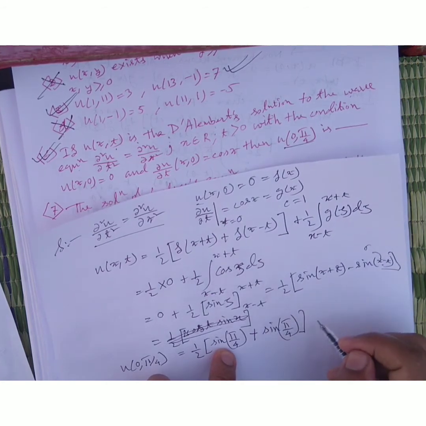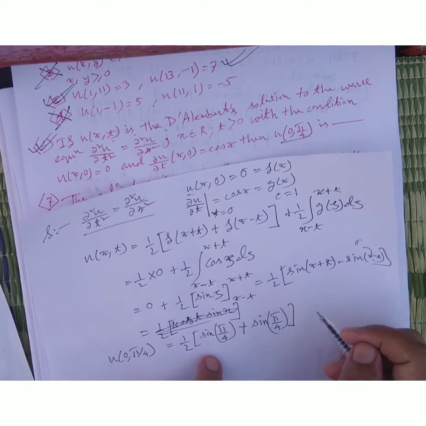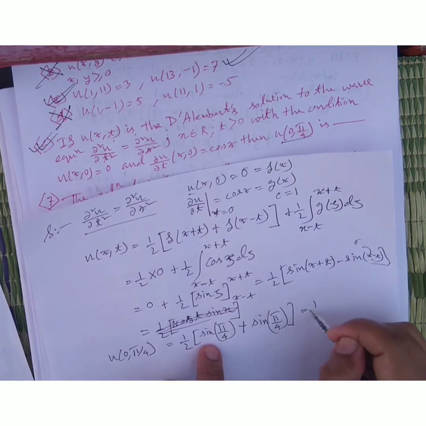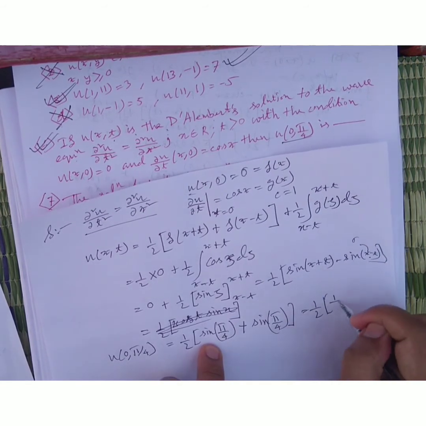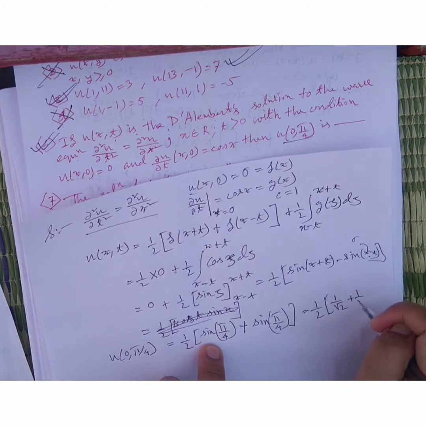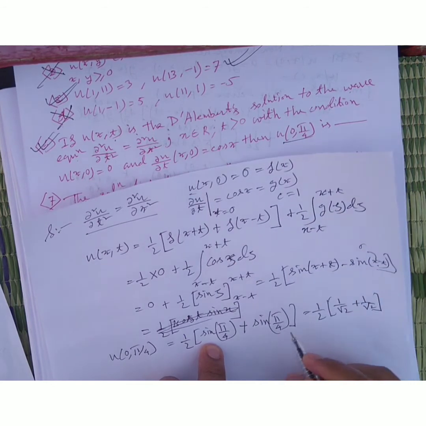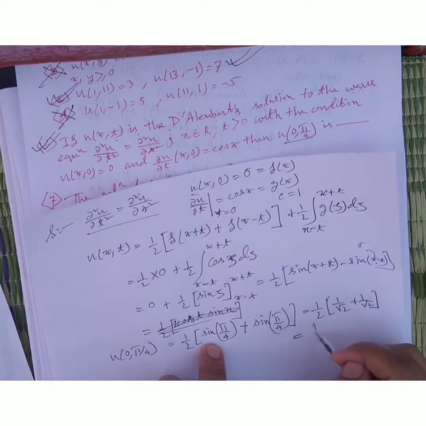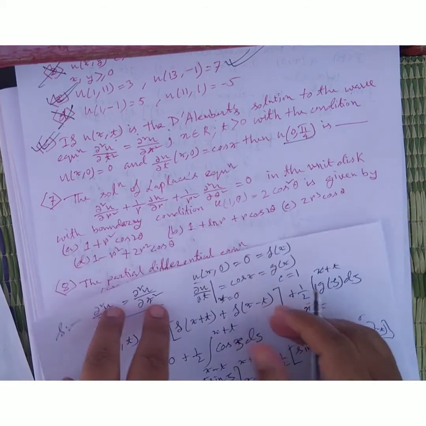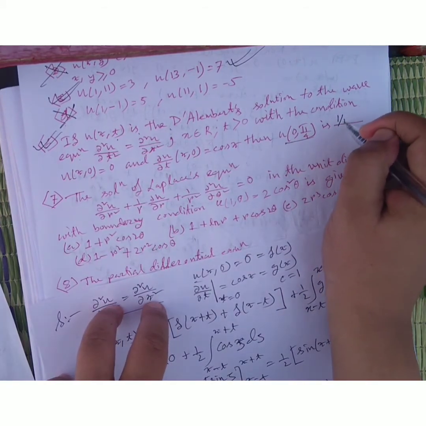Sine minus theta is equal to minus sine theta, so it is 1 by 2 into 1 by root 2 plus 1 by root 2, and this value is coming 1 by root 2. So my answer is 1 by root 2.